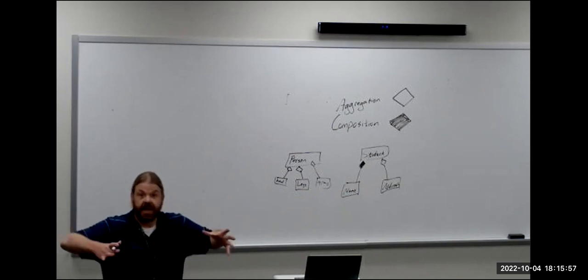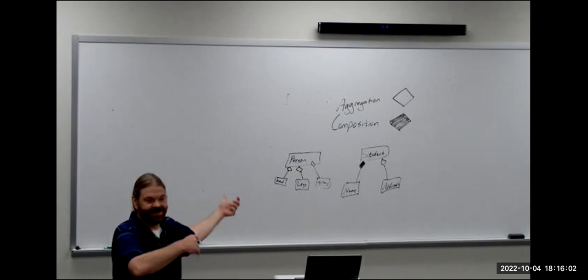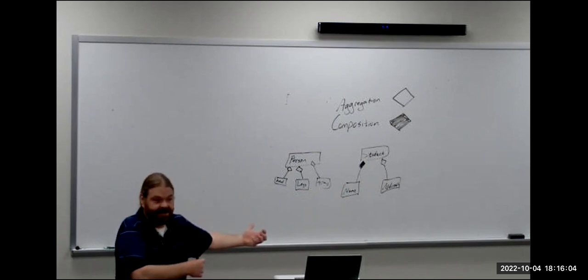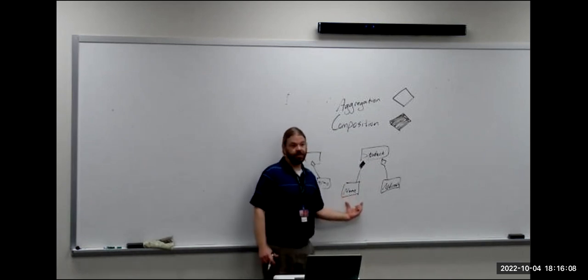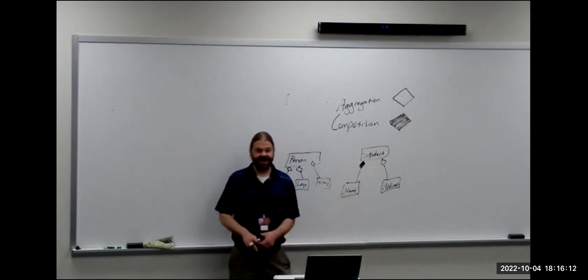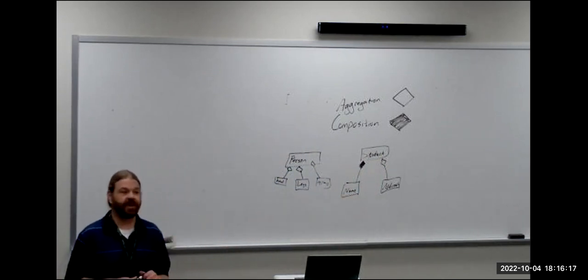That's a building, a location. If the student's there, it's a student address. If the student doesn't live there, it's still an address. But this student's name would not exist without that student, or student ID, or things like that. It's uniquely part of it.